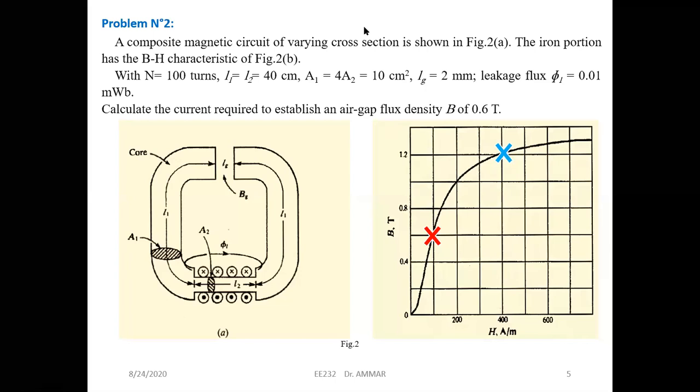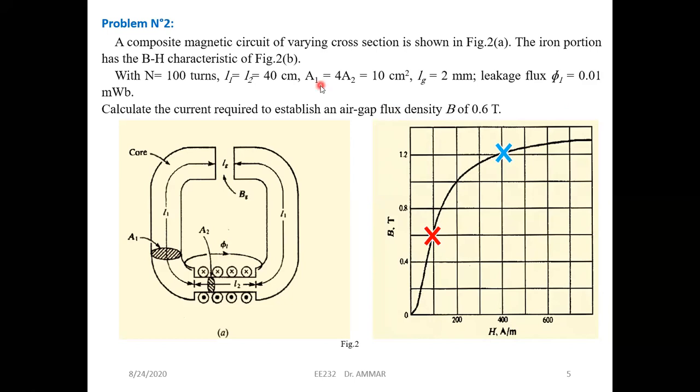Okay. So here L1 equals L2 equals 40 centimeter, and A1 equals 4A2, which is equal to 10 centimeter, and Lg, which is the length of the air gap, is 2 millimeter, and the leakage flux phi equals 0.0 milliweber. So here you can see that the leakage flux is given.